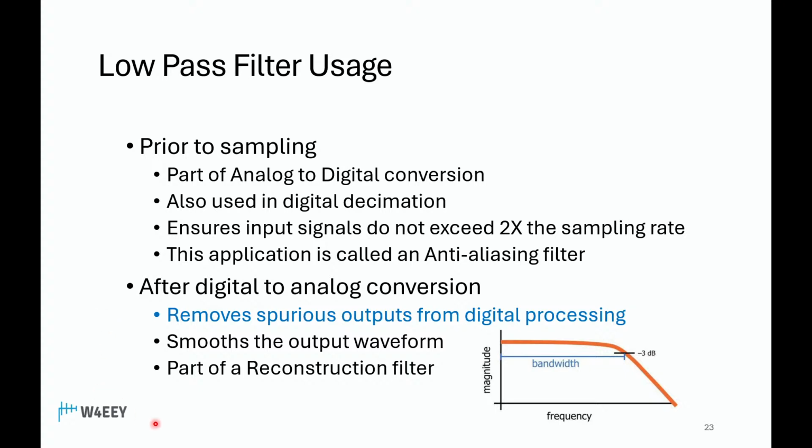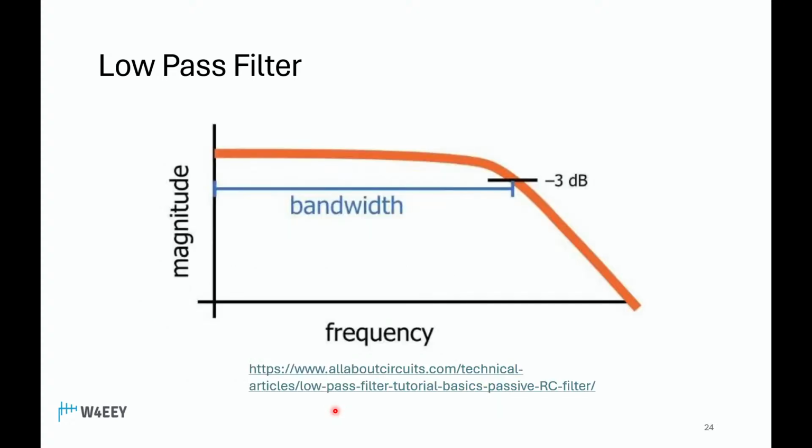Smooths out the waveform, and this is part of a reconstruction filter. So low-pass filters, you'll see them as anti-aliasing filters and smoothing filters on the outputs, all over the place. Here's our picture again. Just a little link if you want to learn more.